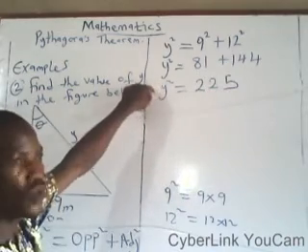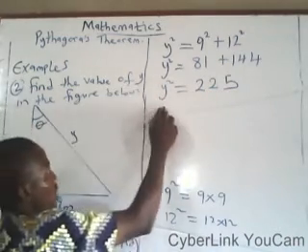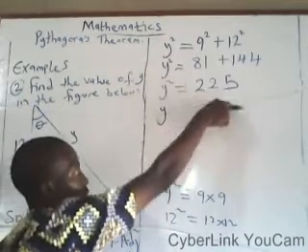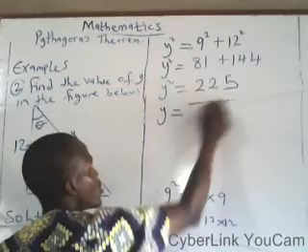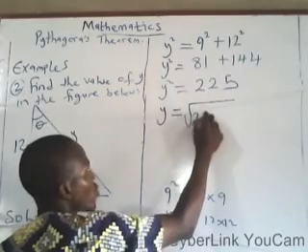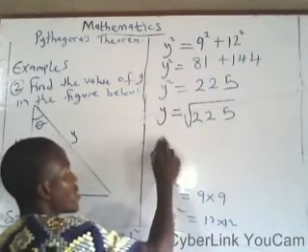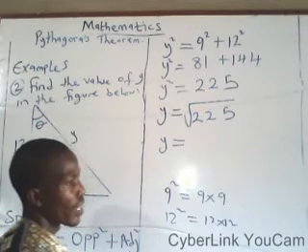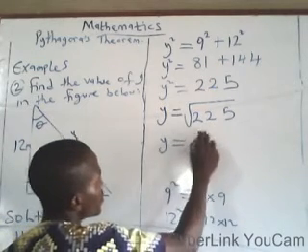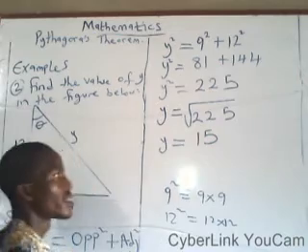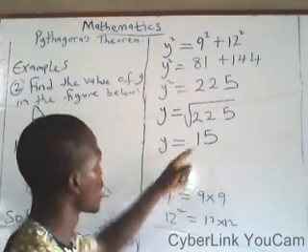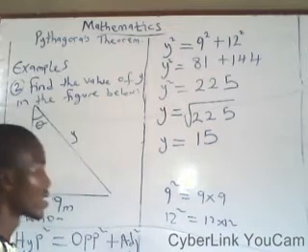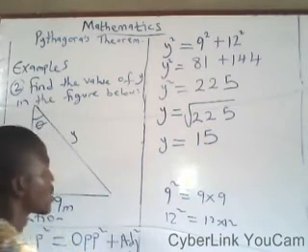Now we are looking for ordinary y. If y remains on this particular side and we carry this square to the other side, the square will change to square root. That is square root of 225. Therefore, the value of y is equal to 15. It is 15 multiplied by 15 that will give us 225.